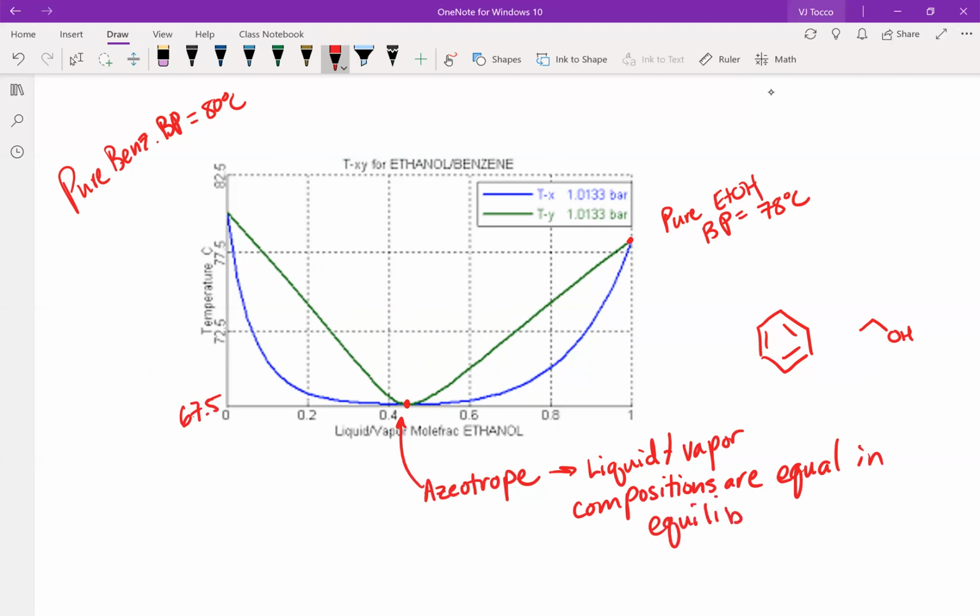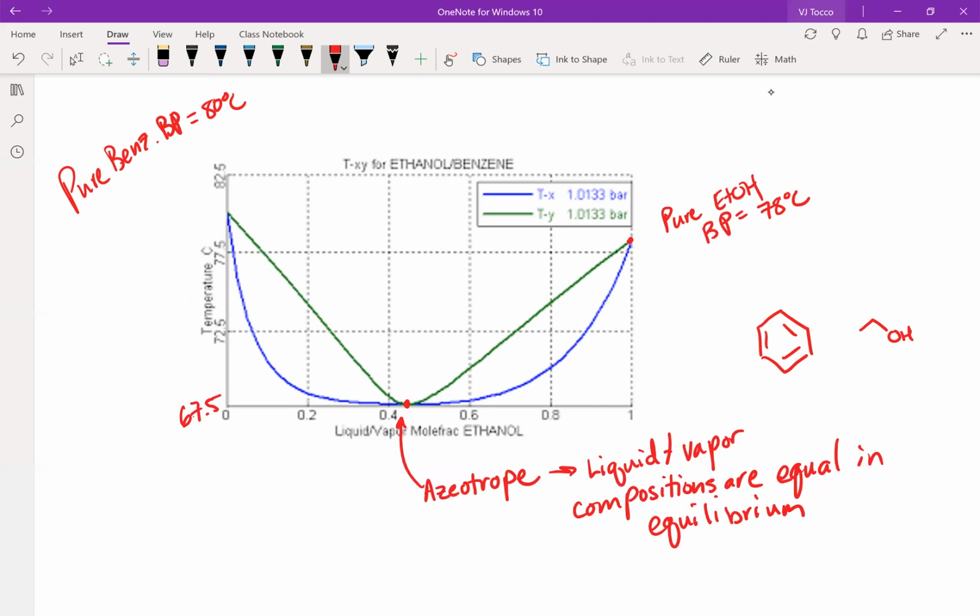And this represents a problem from the standpoint of separations, because usually if you wanted to separate two components, you could boil a liquid and obtain a vapor that has a different mole fraction. But if you boil this liquid that is 43% ethanol, you're going to get a vapor that is also 43% ethanol, and therefore you cannot separate them.